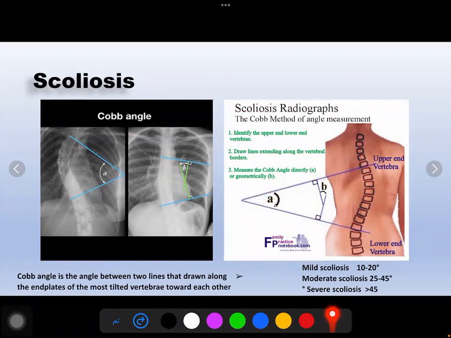As in this case of thoracic scoliosis, this is the upper tilted vertebra, and this is the most lower tilted vertebra, and this is the Cobb angle. Mild scoliosis ranges from 10 to 20, moderate from 25 to 45, and severe scoliosis above 45.